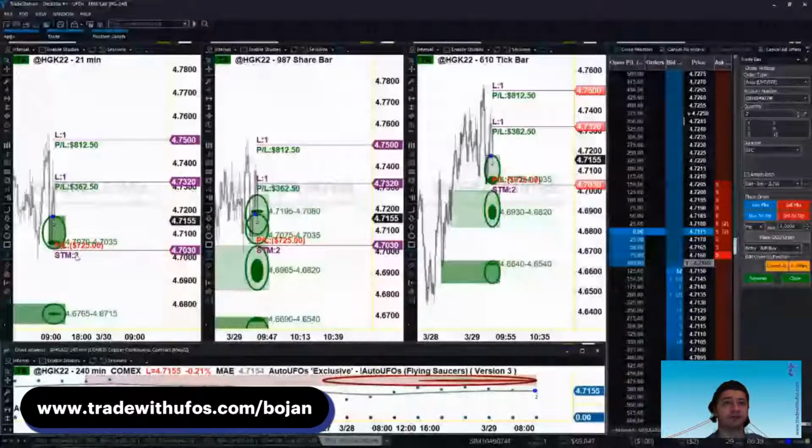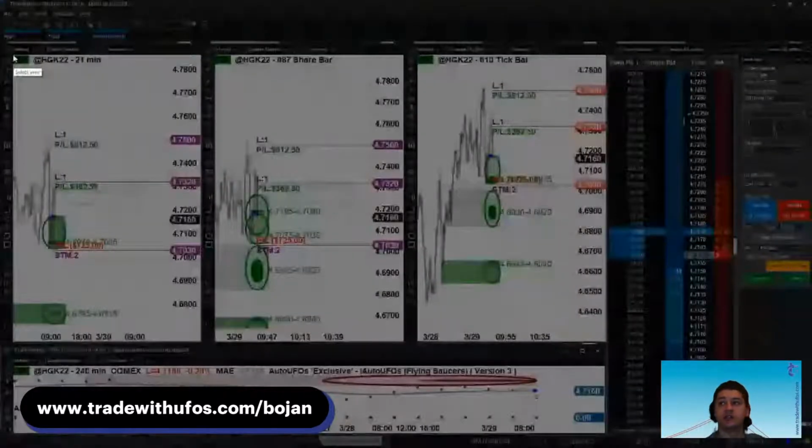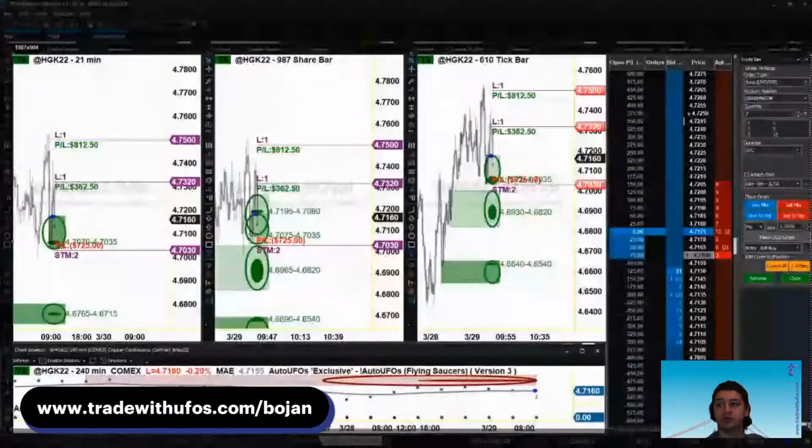Okay, so I'm just going to go ahead and screenshot this real quick, so we know. Now, as far as risk, as you see, we're risking 725. So 2022-03-29, and this is copper, not heating gas. HO is heating oil rather. HG.